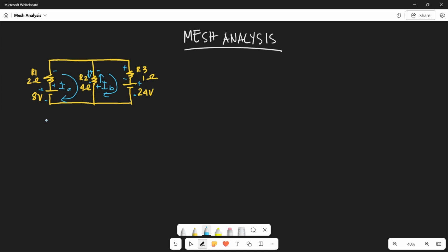So after that, we're going to write the KVL equations for each loop. So for loop 1, for mesh A, the KVL states that the sum of the voltage rises and the voltage drops in a loop is equal to 0. So 8. And then for the resistors, since the current enters the positive and leaves the negative, from positive to negative, it's a drop. So minus R1 times the current through R1, which is IA.